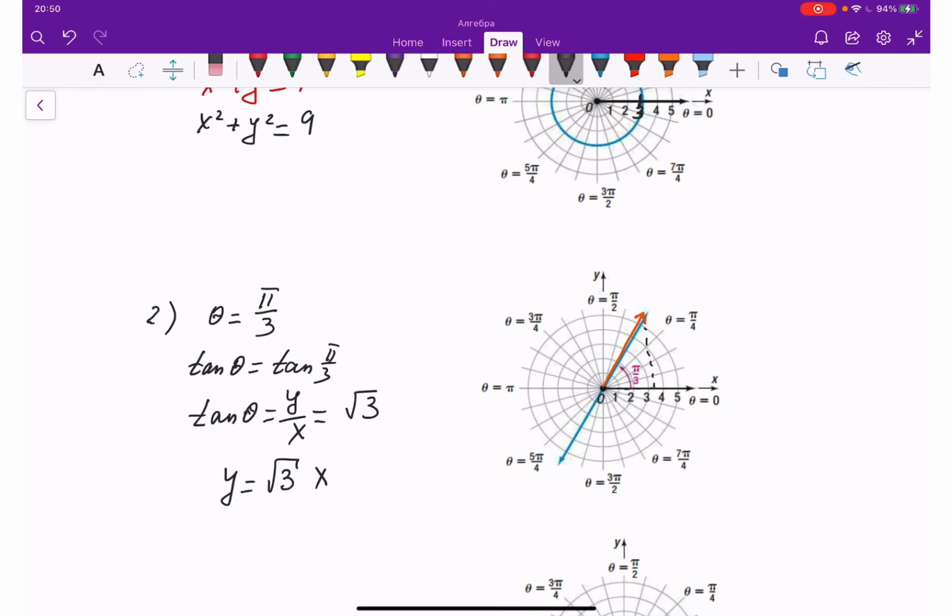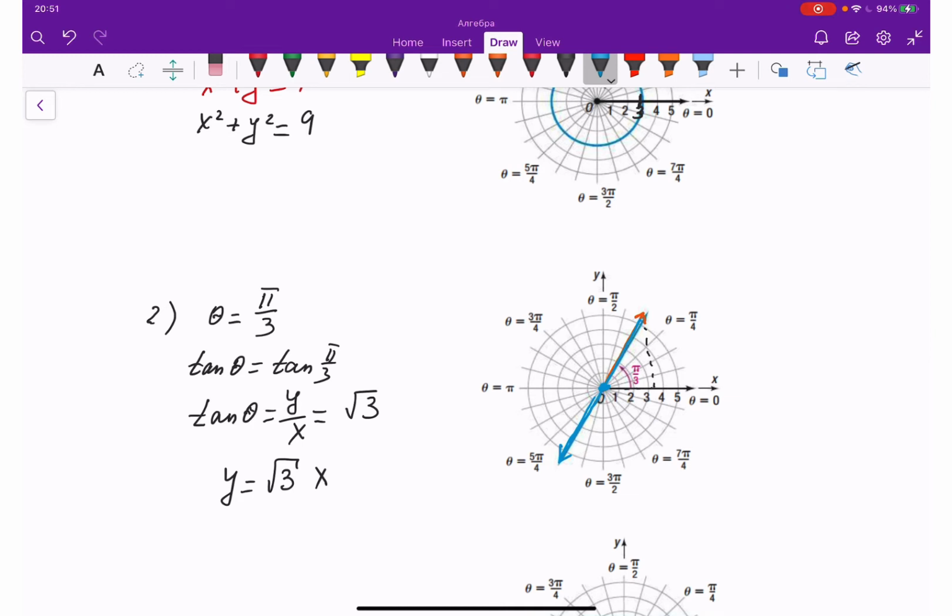And this blue line is going to be our graph. So the graph of theta equals π/3 is the line passing through the pole, this pole, making an angle of π/3 with the polar axis.